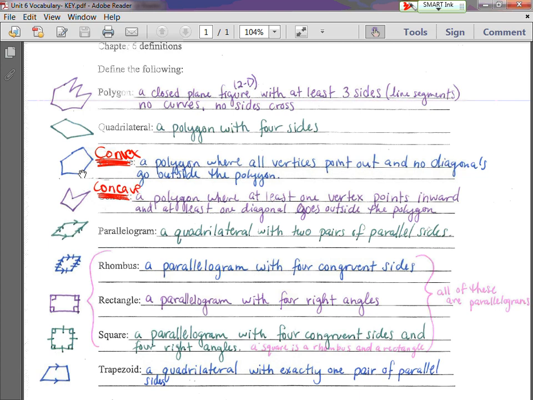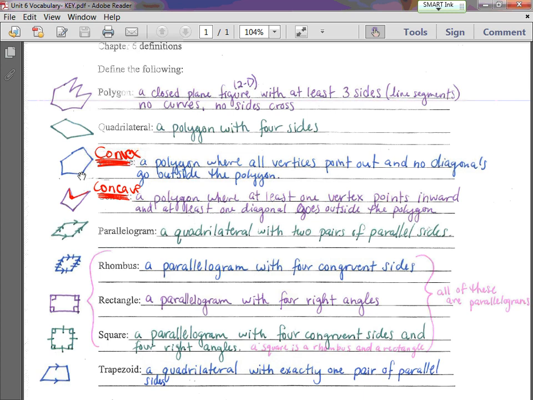Okay. Convex is the kind where there's no diagonals to go outside the polygon. Concave is where we have part of it goes in. So you'll see it says at least one vertex points inward. So this guy here. You see it's kind of like the scoop has been taken out of it. If you think of a cave, like a chunk has been taken out of the side of the mountain. So that's how I remember convex versus concave.